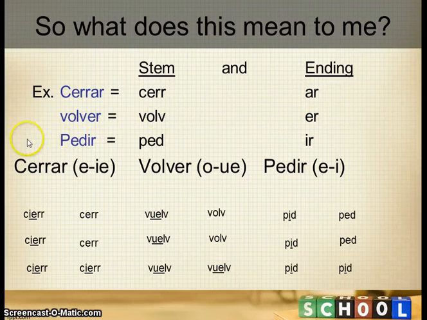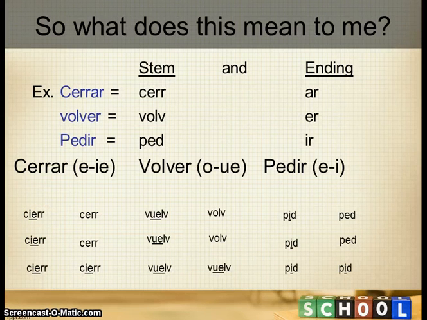Now, a lot of times next to the stem changing verbs, you're going to see some extra letters in parentheses. This tells me that this is an E to IE verb, which means this E in the verb is going to change to an IE when I conjugate it. And when you look down at the bottom, you can see that change.